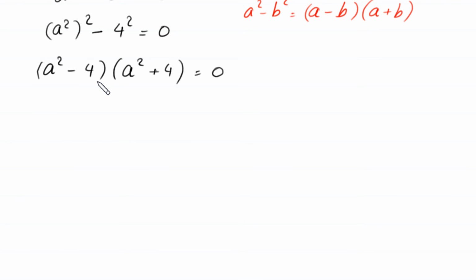Now from here, either this expression a squared minus 4 is equal to 0, or this expression a squared plus 4 is equal to 0.